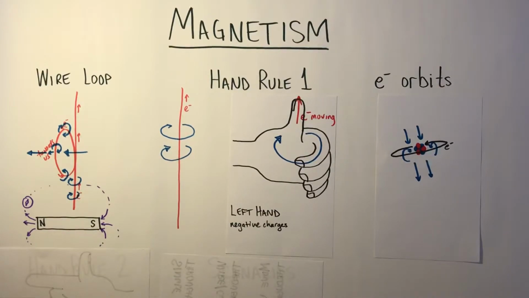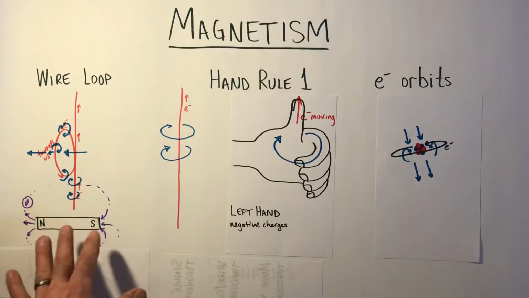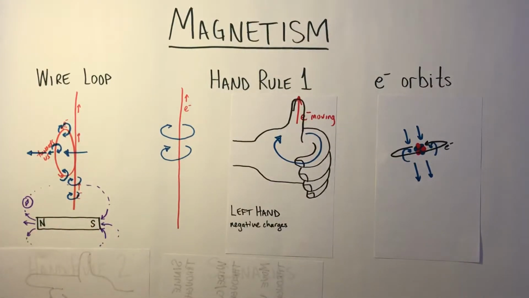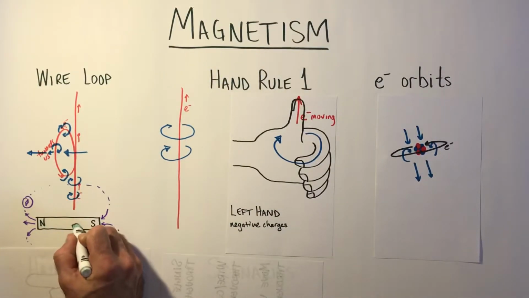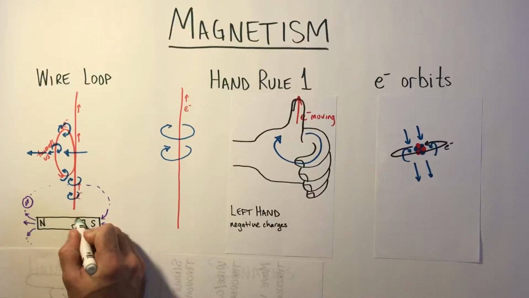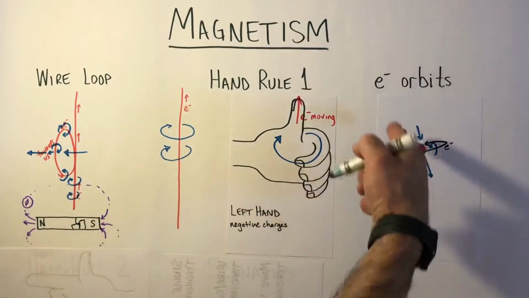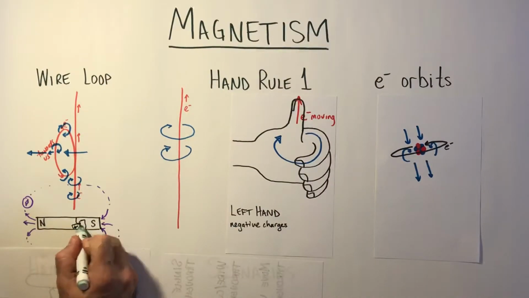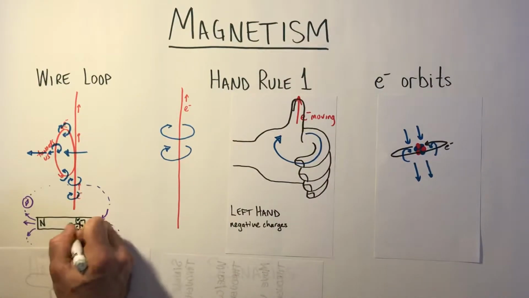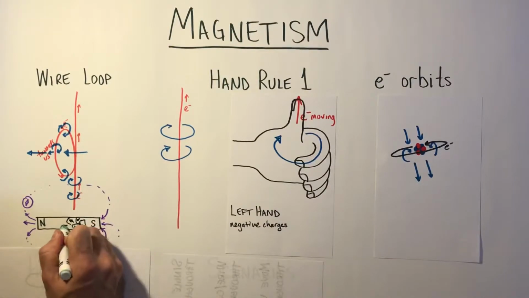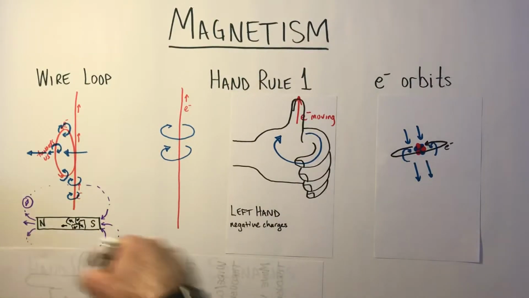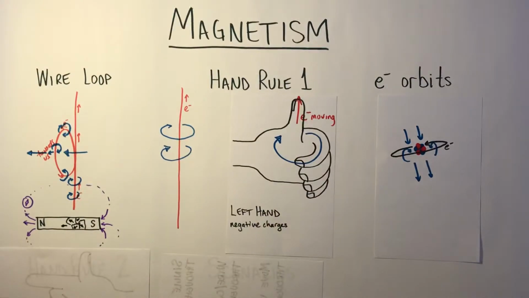Well, yes and no. It means every bit of matter would have some sort of magnetic properties. But think about the trillions and zillions of atoms that make up even the smallest things. So in this bar magnet, imagine that there are little zones, and within each little zone, you have the orbits mostly aligned so that overall there's a uniformity to the magnetic field to make the overall thing magnetic.